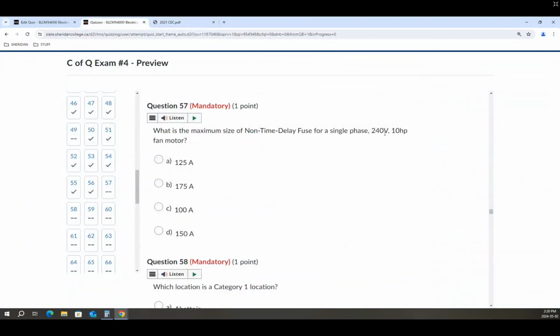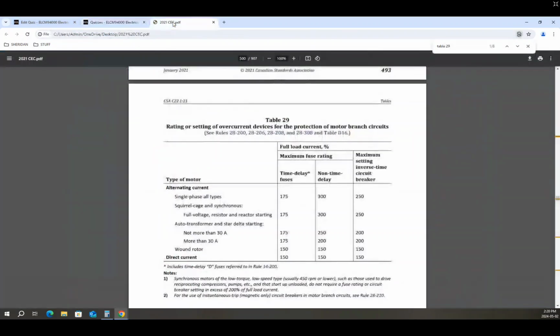This one is single phase, 240 volt, 10 horsepower.